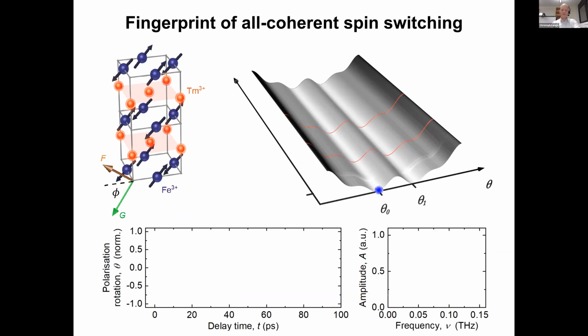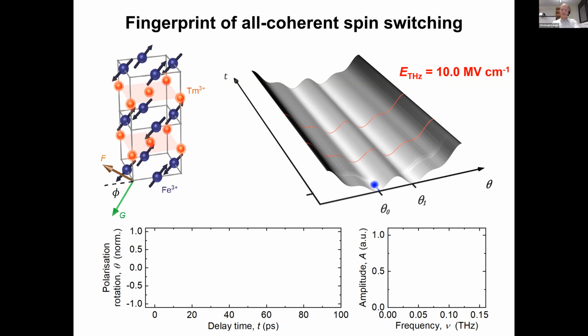Now let's see how this modeling can be compared to the experiment. This is a plot of the potential landscape as a function of the angle and as a function of the time in this direction. So let me now start a simulation of two spin species, one excited by a moderate terahertz field, that would be the blue one, and then one excited by a very strong terahertz field, in this case matching 10 megavolts per centimeter, that will be the red curve.